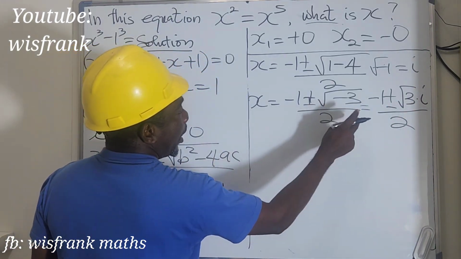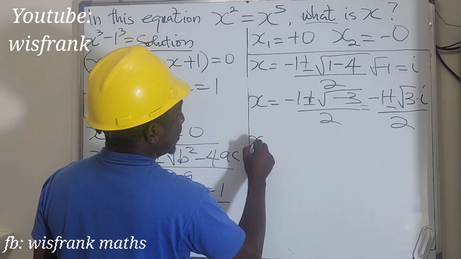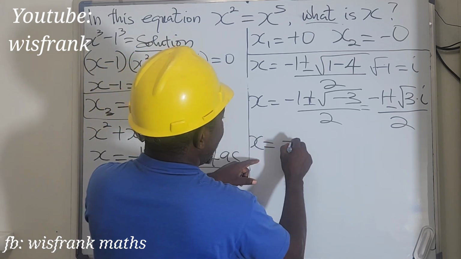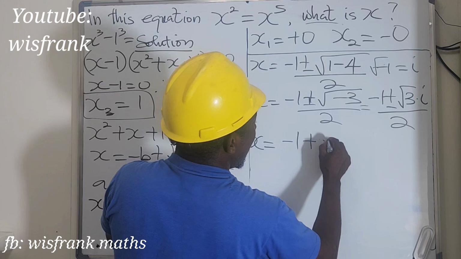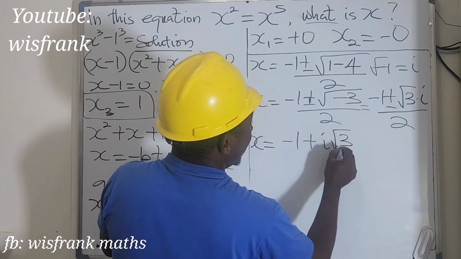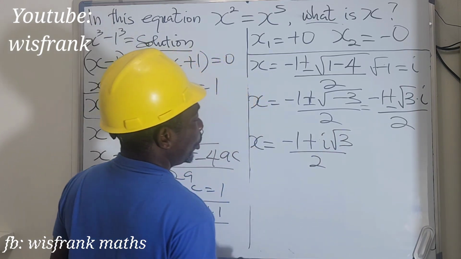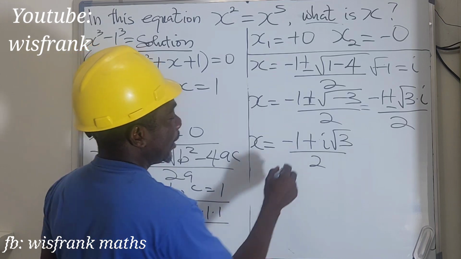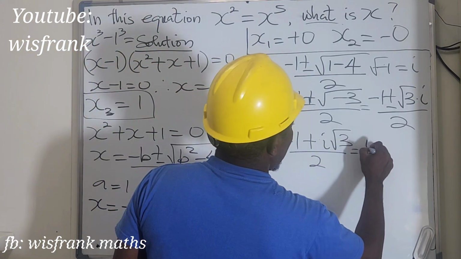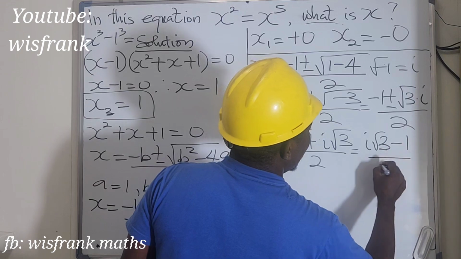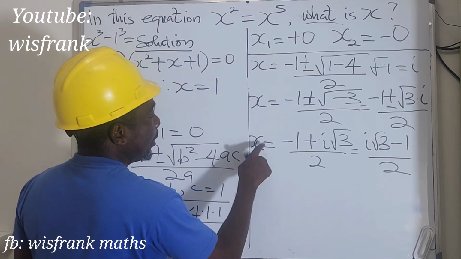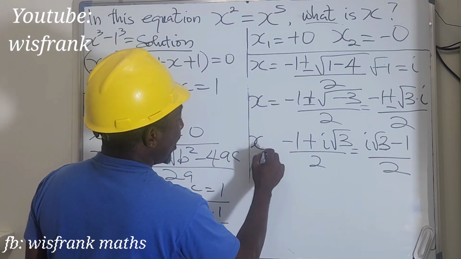So now we have this. Therefore, x will be equal to minus 1 plus iota root 3 all over 2. But we can rewrite this as iota root 3 minus 1 all over 2. So this is the value of our x.